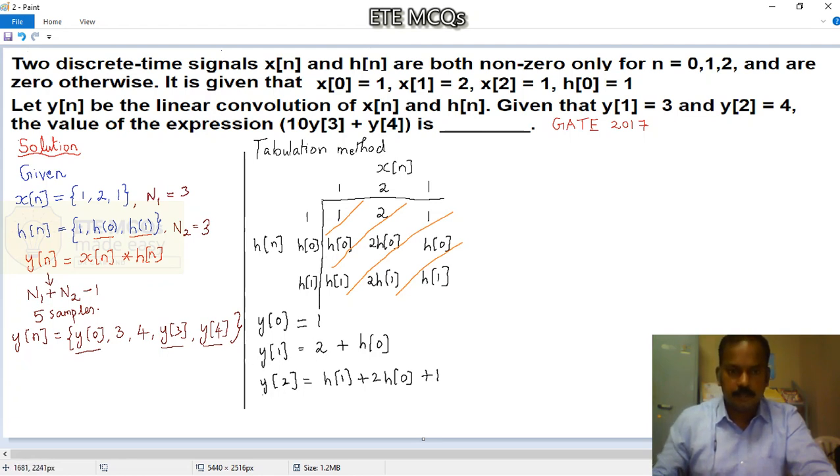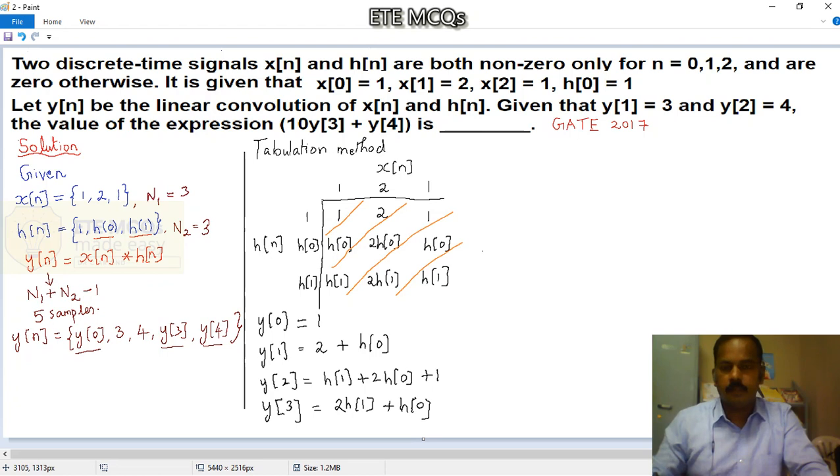Y of 3 is equal to 2 times h of 1 plus h of 0. So this is your y of 3. Finally, what is y of 4? Y of 4 is nothing but h of 1. Now this is all we have.